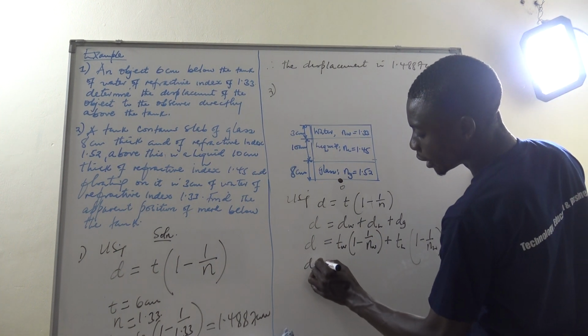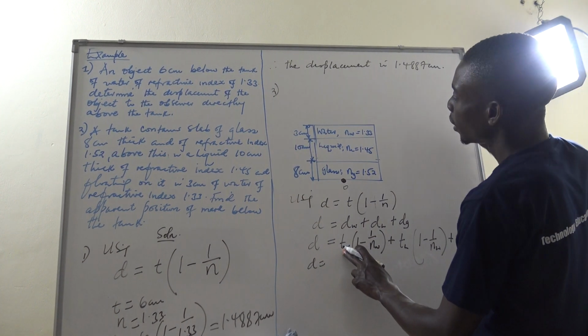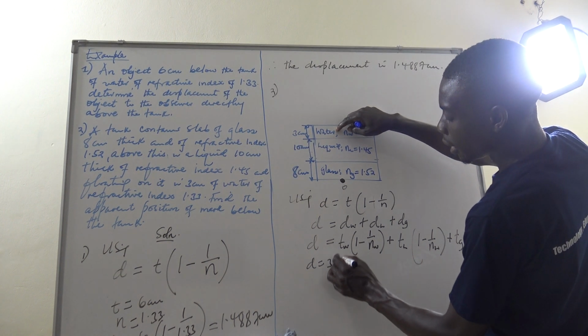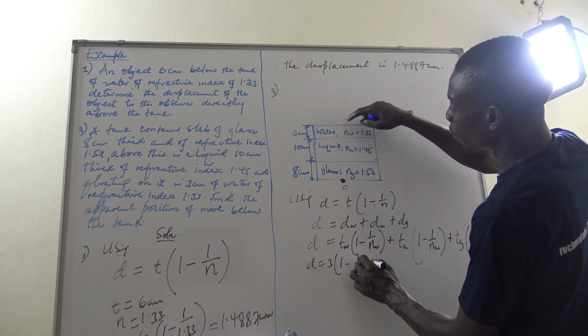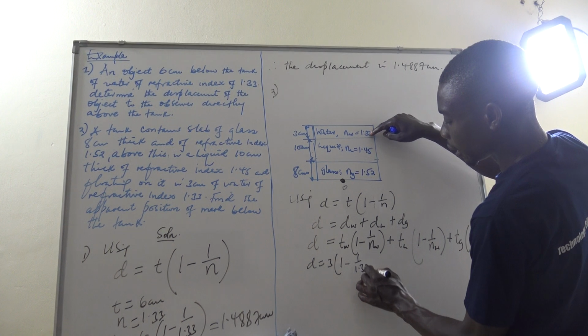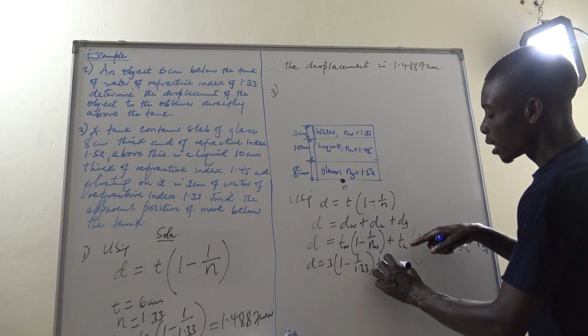So that will be equal to thickness of water. Water is of thickness 3 into 1 minus 1 over refractive index, plus thickness of the liquid.